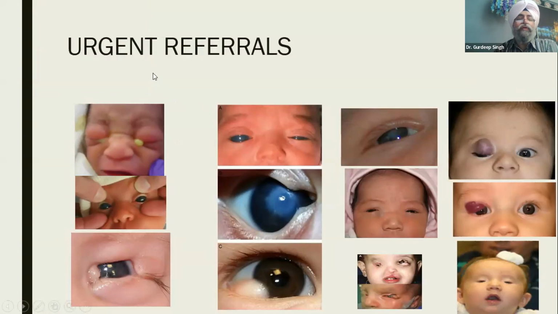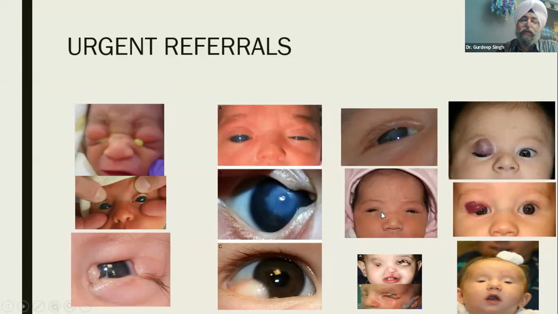Okay. So the take-home message is this: in which cases do we need urgent referrals? Cases where you see purulent discharge like this, or a hazy cornea like this, or lid defects like this, or again a hazy cornea, and where you see a corneal opacity which is obscuring the light reflex, and this is again like a white reflex.